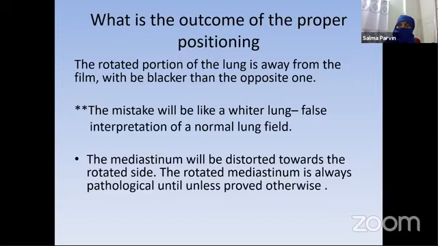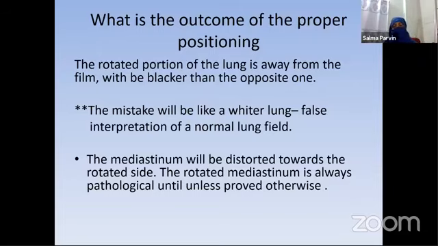Mind it, the patient has a right pulmonary collapse, not seen well in the X-ray, and the patient has a leftward rotation. You need to interpret this very carefully. With a right-sided collapse, the mediastinum is usually shifted to the right, okay?